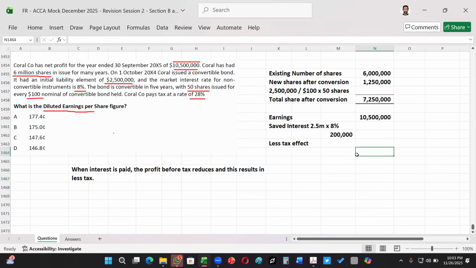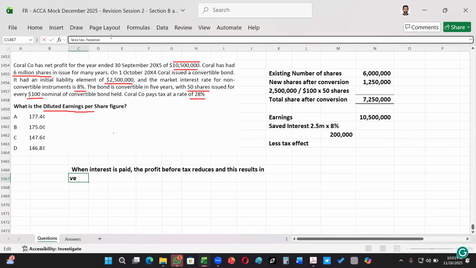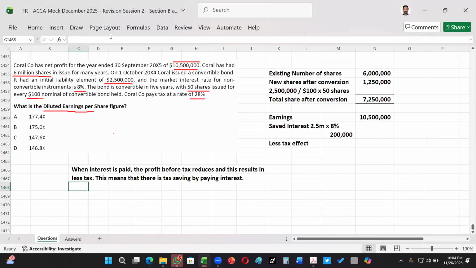Okay. However, we're going to continue with this. However, so we could write here one more thing. This means that there is interest save. There is tax saving by paying interest. Okay, so this is an important thing, that whenever we pay interest, we save tax.